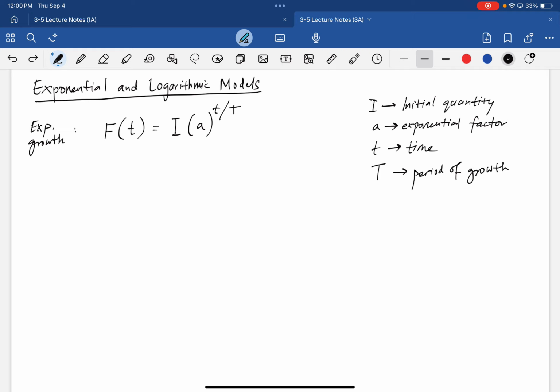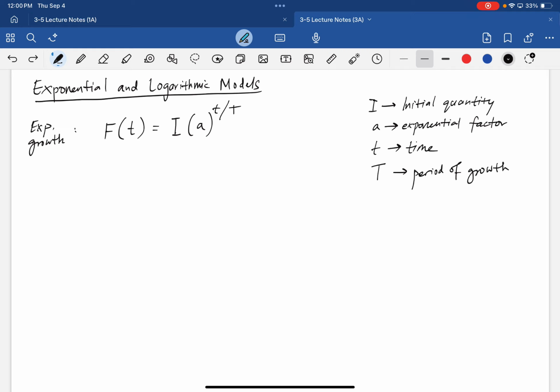That would be I times a to the negative t over t, which is I over a, right? I times a to the negative 1. And so indeed, after time big T elapses, our quantity is decreasing by a factor of a. Make sense? So this really is decay.